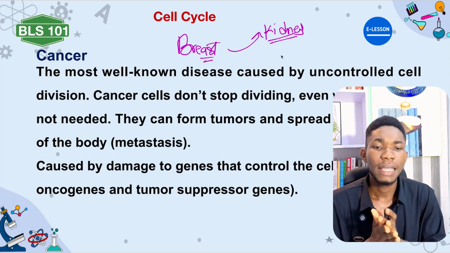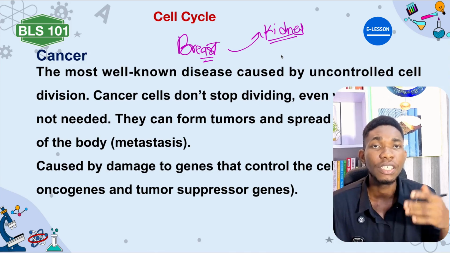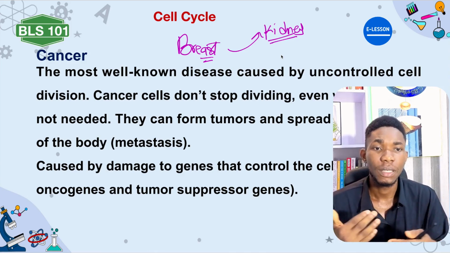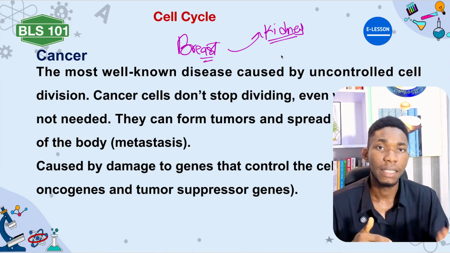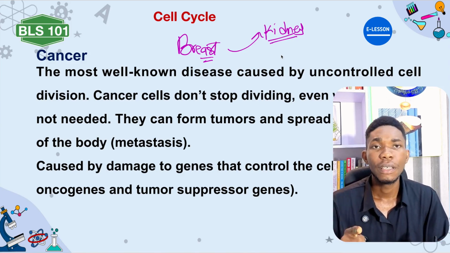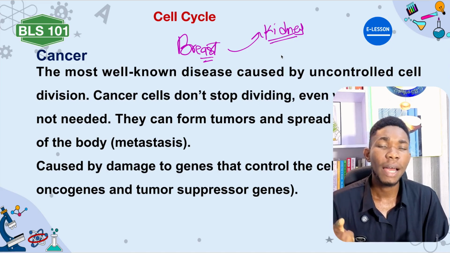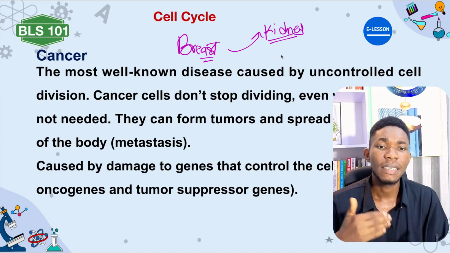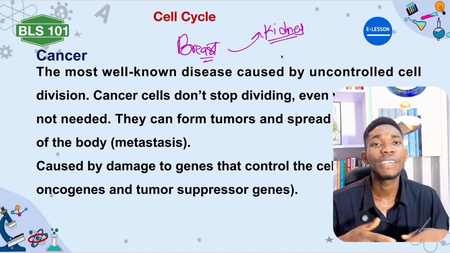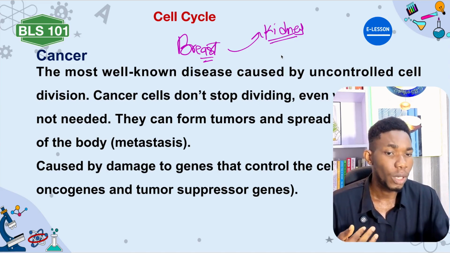And we said that cancer is caused by what? Damage to genes that control the cell cycle. These genes regulate what goes on in cell division, to checkmate the activity of cells that are actively dividing. Now, if there is an abnormality with these genes, the cell will divide uncontrollably, and too much of everything, of course, is bad, which leads to what we call cancer.